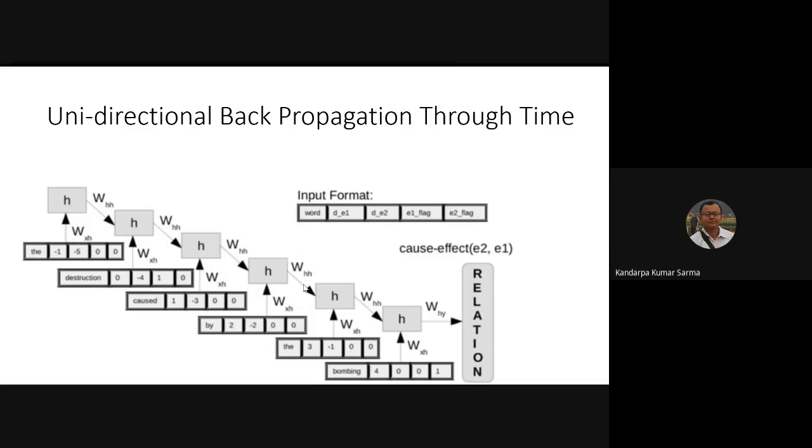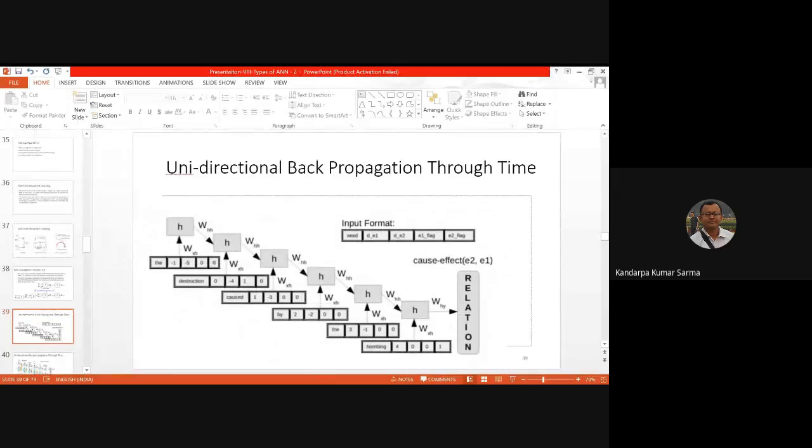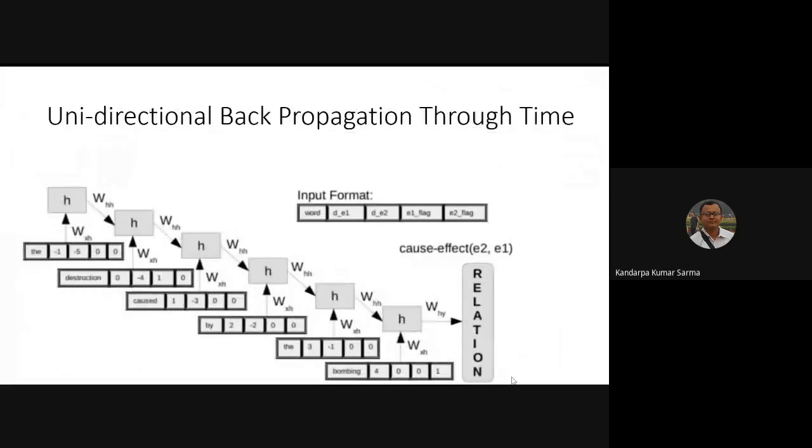Now you can have a backpropagation through time method coming in the form of a unidirectional backpropagation through time, where the backpropagation through time takes place in a unidirectional way.